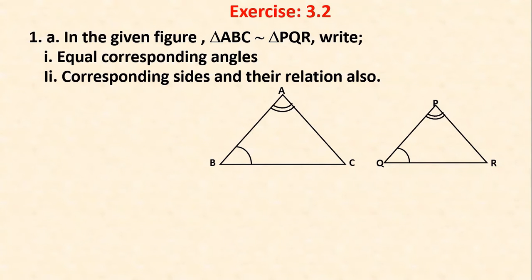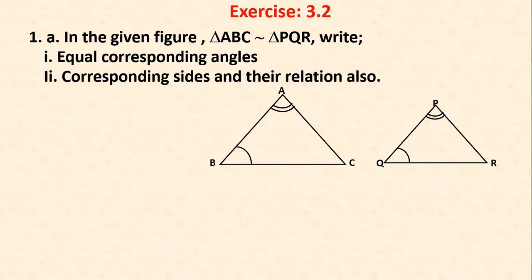Here the two triangles are already similar, according to our question. Having similar triangles, which angles are corresponding angles? Can you guess here? Angle A and angle P, angle B and angle Q, and angle C and angle R. Very good.